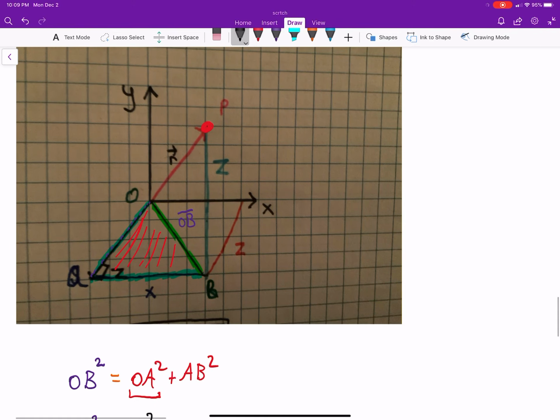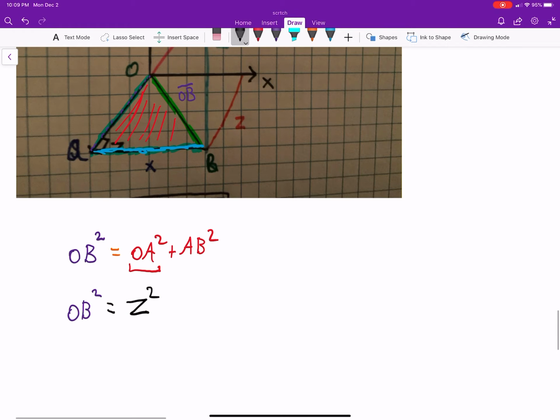Likewise, using the same logic, this point A to B represents the x-coordinate of point P, so that tells us our x. We can replace that with x squared.